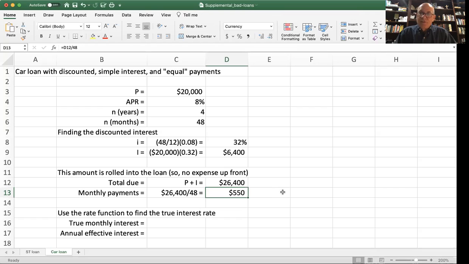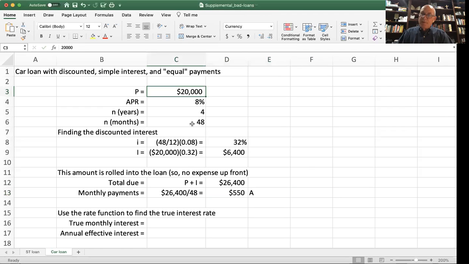Well, let's find out what you're really paying. Let's find your true monthly interest, and let's calculate your annual effective interest, your APY. How do we do this? Well, we know we have an A, $550. We have a P, the amount that you really are supposed to have borrowed, $20,000.